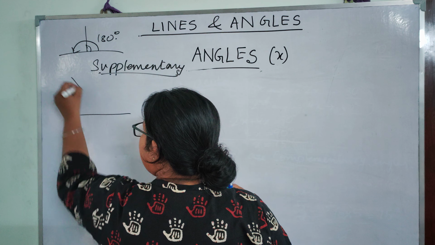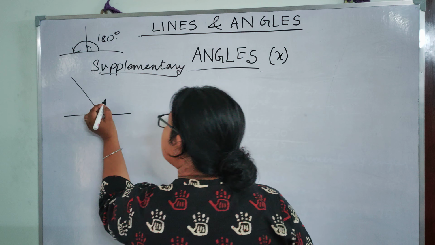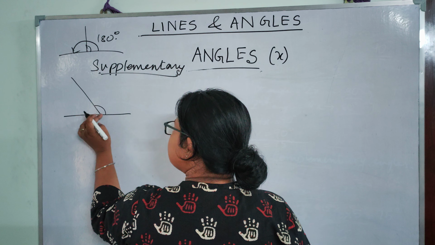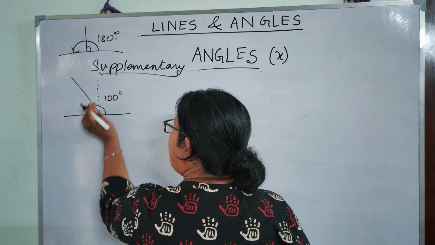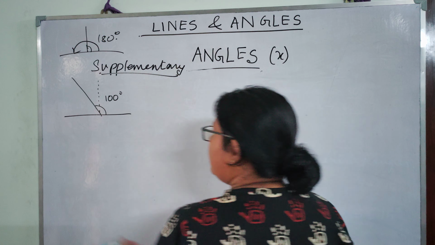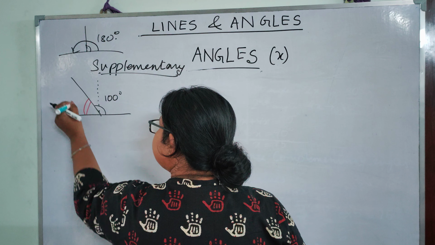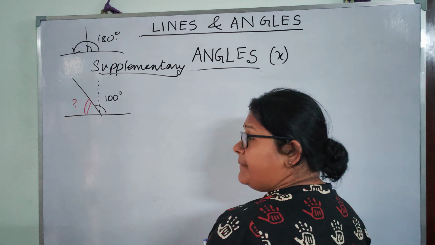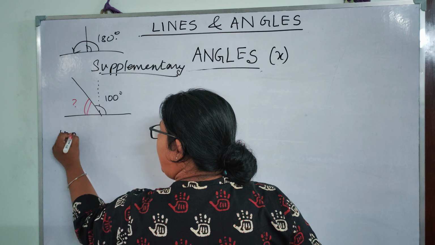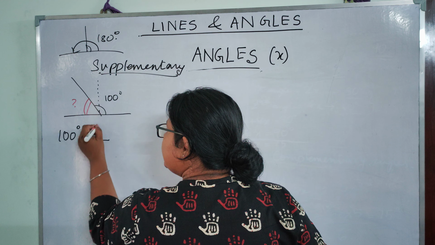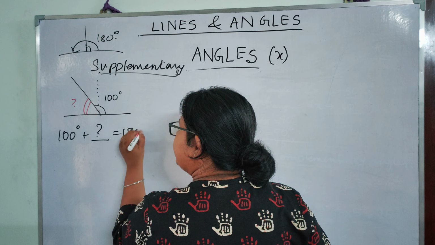It means if I have this angle, which is more than 90, let's consider it is 100 degrees. What will be this part? What did I say? These two are supplementary angles. So 100 plus this is equal to 180 degrees.